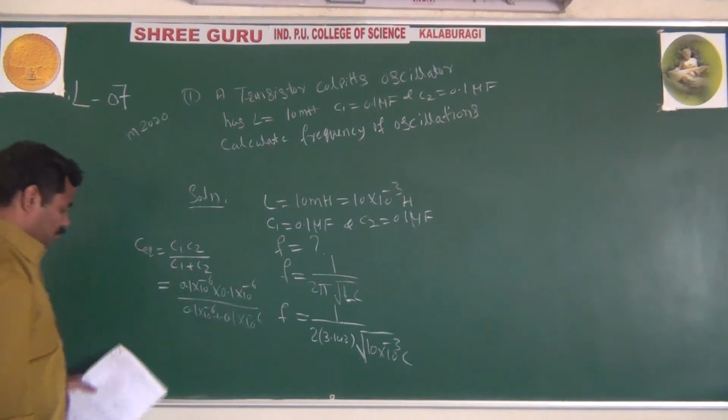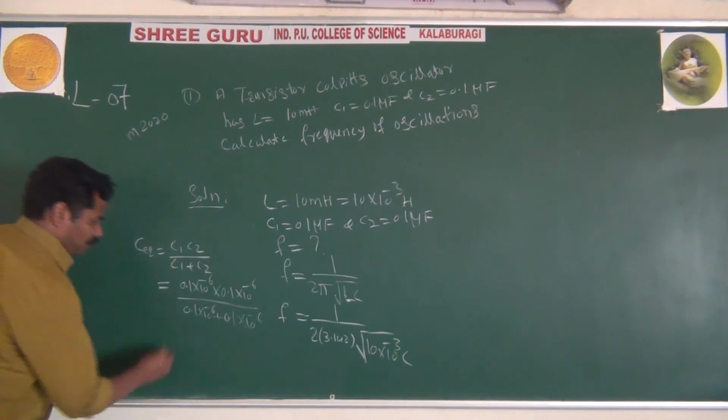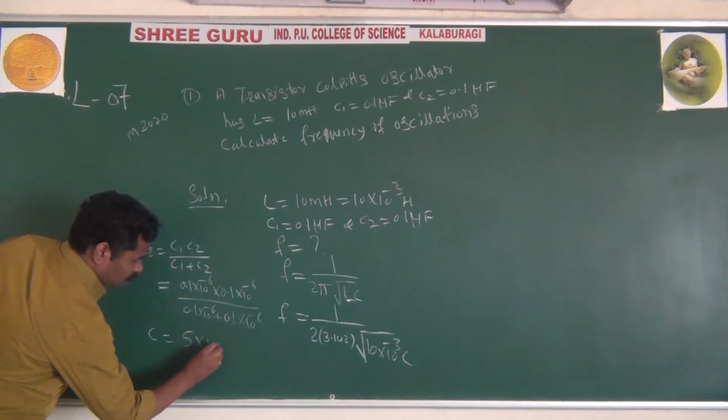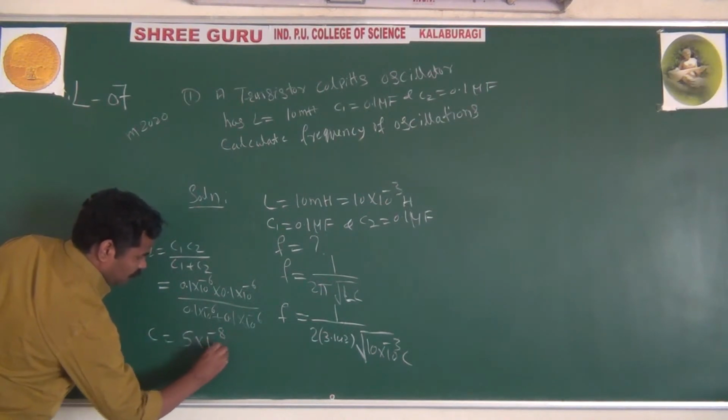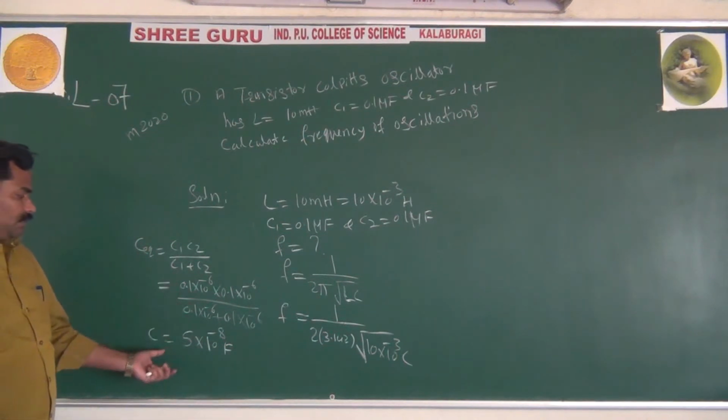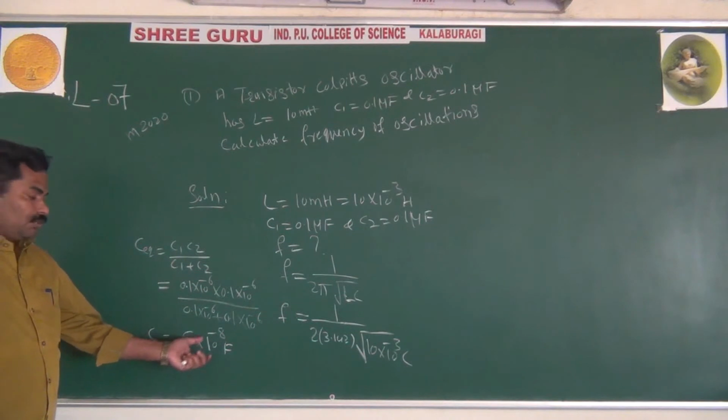If you simplify this, we get C is equal to 5 into 10 to the minus 8 farad.